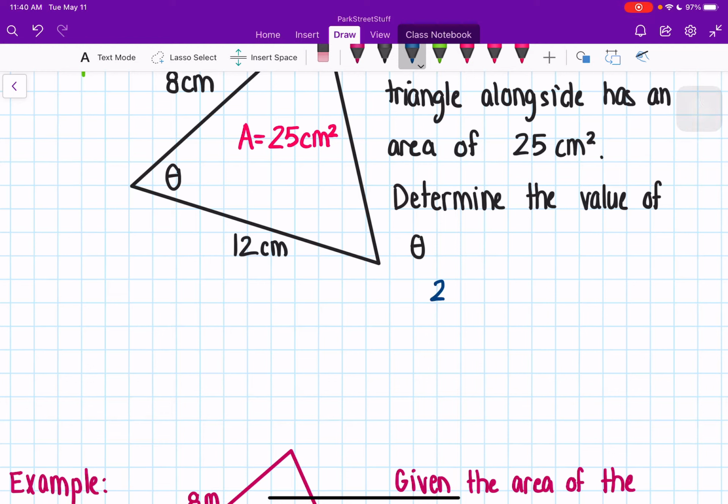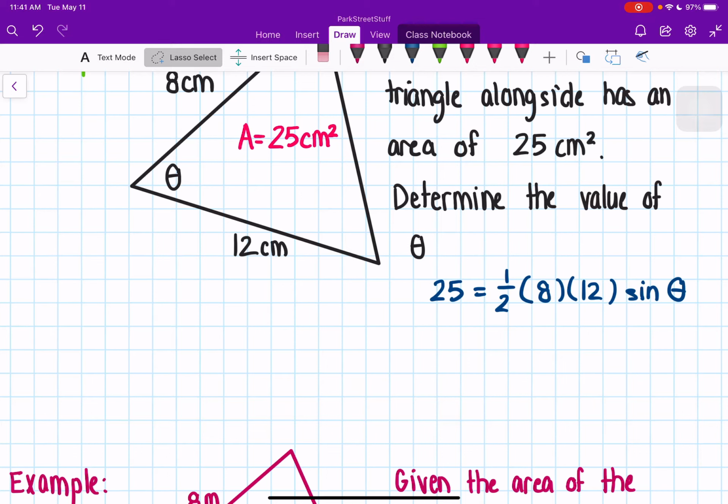So now that we know the area, we're going to say 25 is equal to half 8 times 12, and then we have sine of theta. And so theta is what we are looking for. So we're going to do this in just a few steps, not too many.